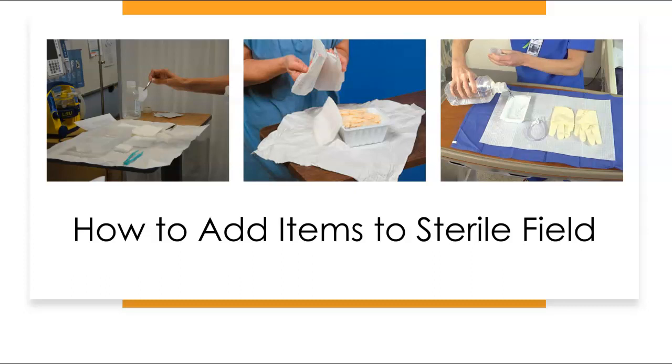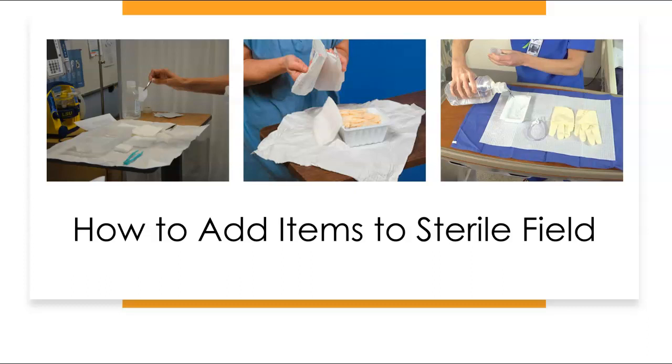And then, of course, if we need to add some sterile solution, so you can see on this last picture, it looks like they're maybe about to do some kind of suctioning. They've got a sterile drape down, and so that doesn't need to get wet, but it looks like they have a little plastic container there that they're pouring sterile water into, and that's perfectly fine.